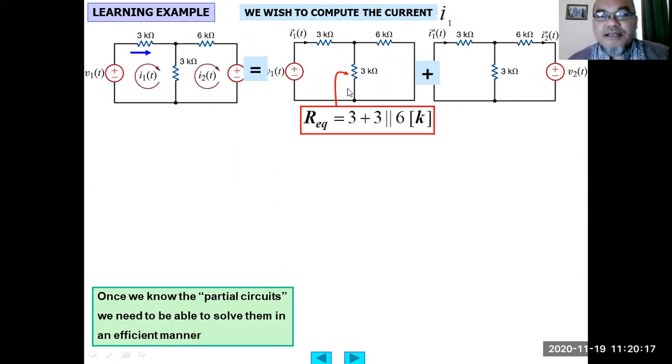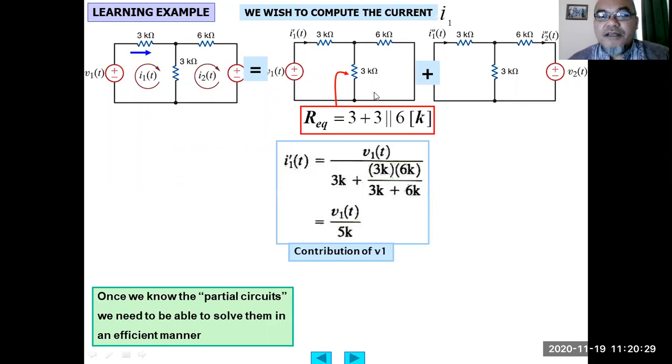For example, when this is short circuited, the equivalent resistance is 3 kilo ohm in parallel with 6 kilo ohm, then in series with this 3 kilo ohm. So I1 dash equals V1 divided by 3K plus 3K parallel with 6K, which is 3K times 6K divided by 3K plus 6K.